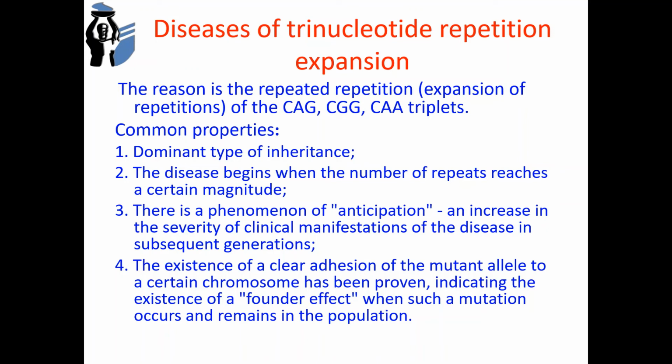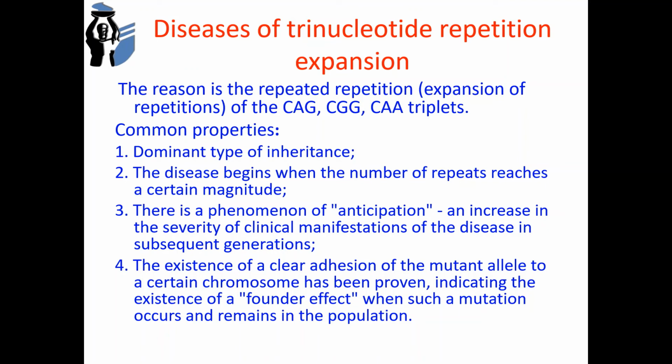And the next one, there is a phenomenon of anticipation, an increase in the severity of clinical manifestations of the disease in subsequent generations. In addition, the existence of a clear linkage of the mutant allele to a certain chromosome has been proven, indicating the existence of the founder effect, when such a mutation occurs and remains in the population.